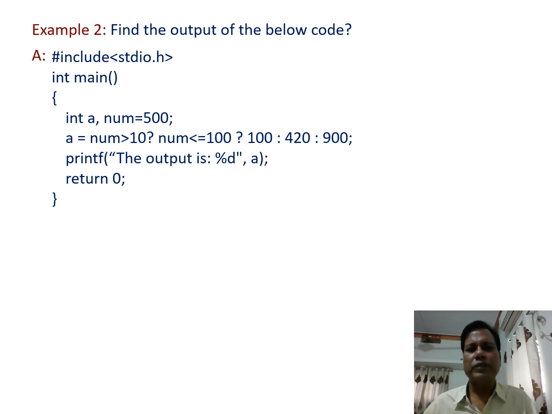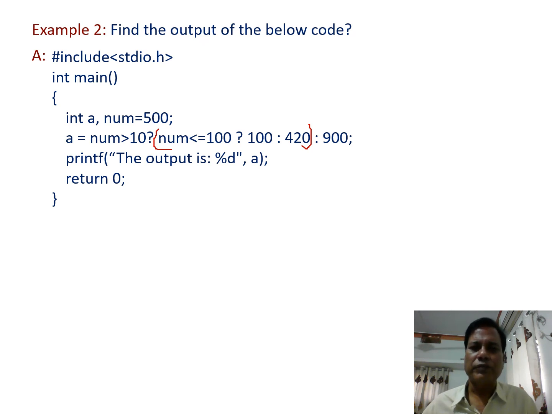So when it is true, we execute the true part of the conditional operator. Here we have to decide which one is the true part, so we have to use the associative property of the conditional operator. It is right associative. So to make it right associative, this is the false part and this becomes the true part.